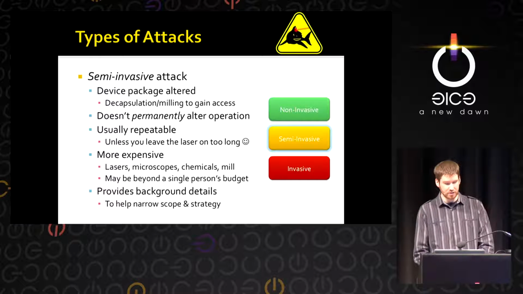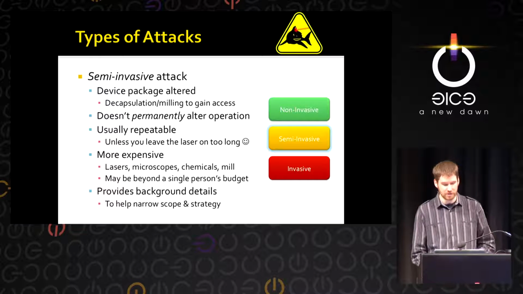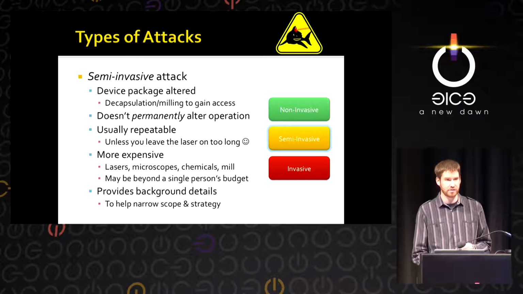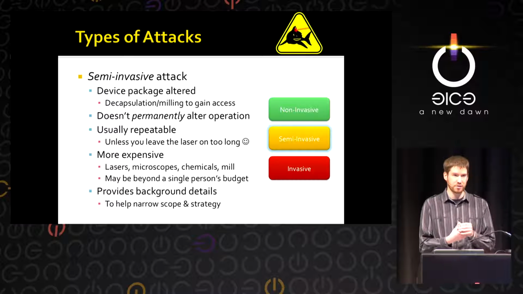So the second major class of attack is semi-invasive. So this is where you are altering the package of the device. So you might decapsulate, so you might etch away the epoxy packaging of the chip, or you might mill the chip from the top or the bottom to gain better access to the actual die sitting inside the chip package.